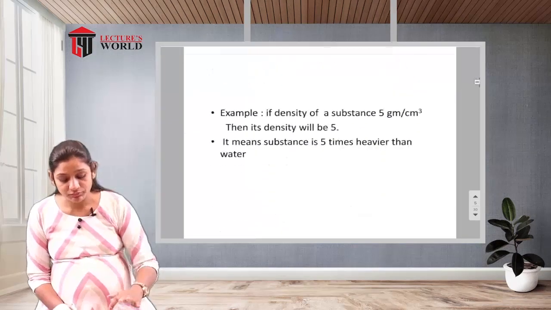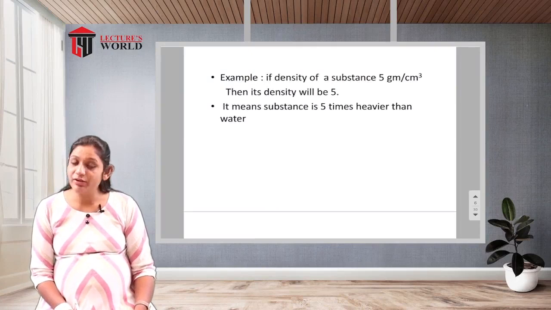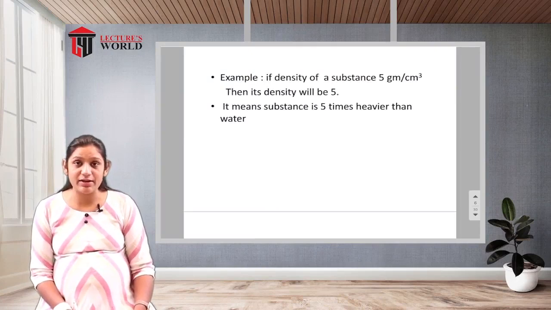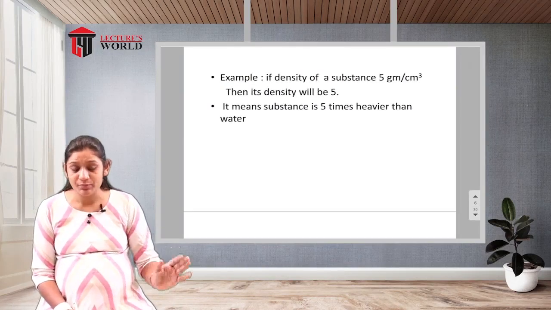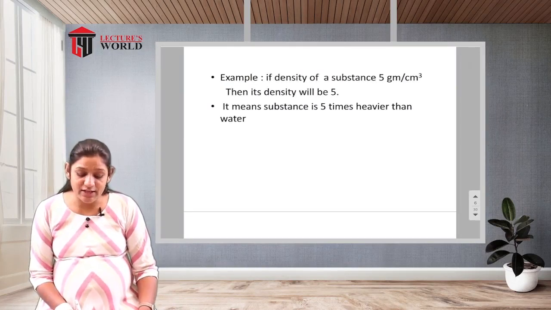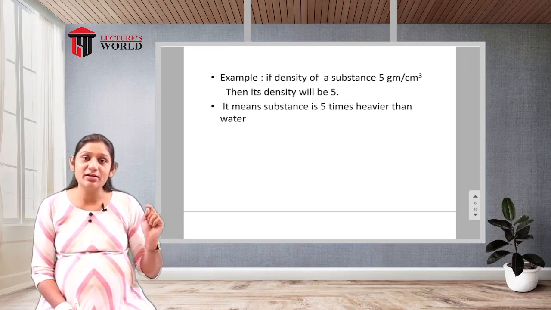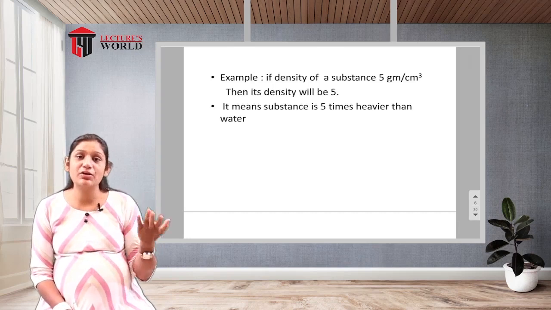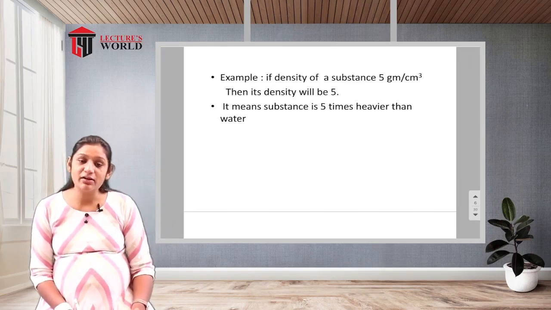Next, let us talk about an example. You can understand it very easily. This is completely physics, students. This is very basic physics. If the density of a substance is 5 gram per cubic centimeter, then its specific gravity will be 5.